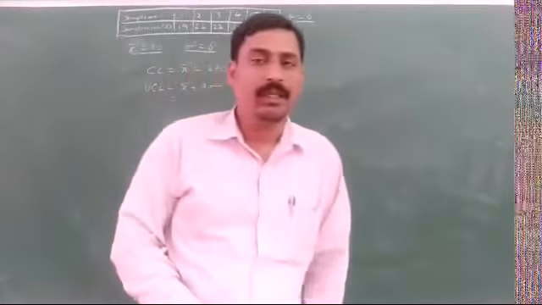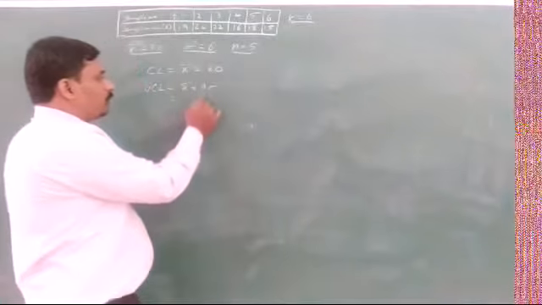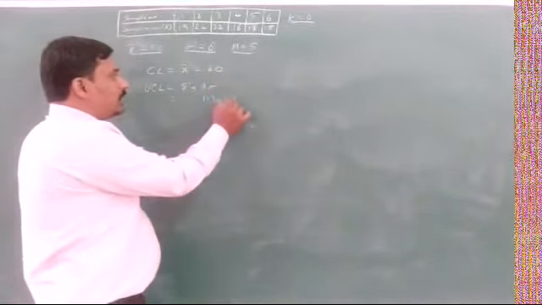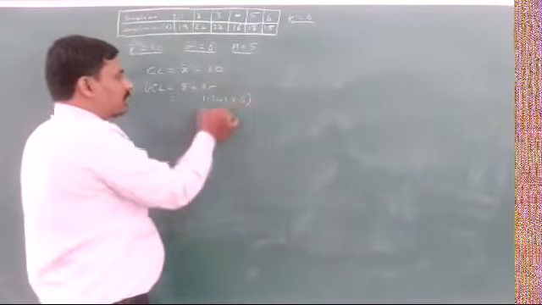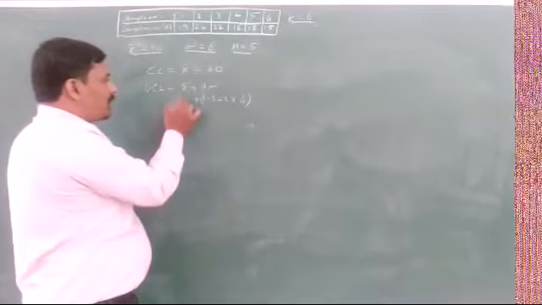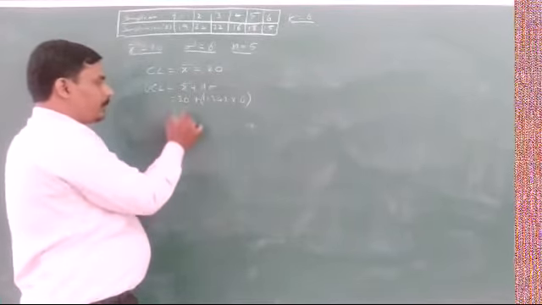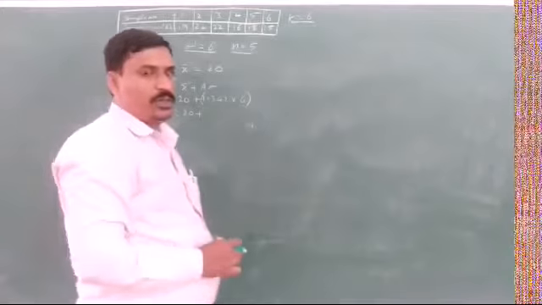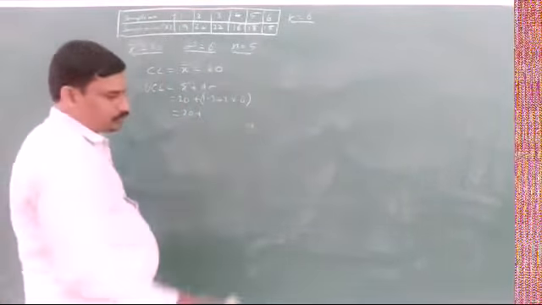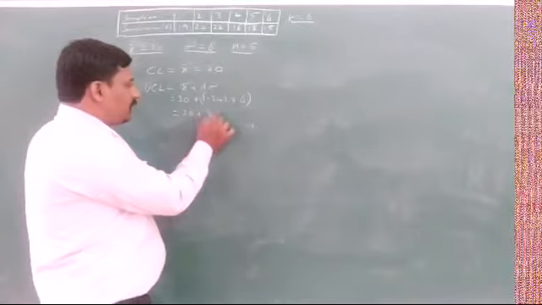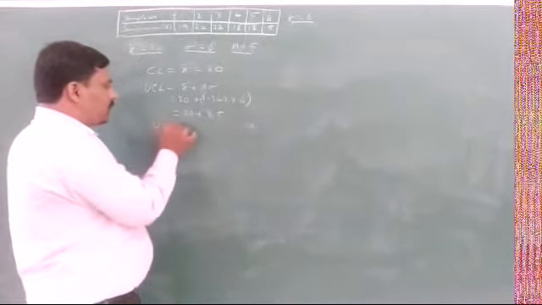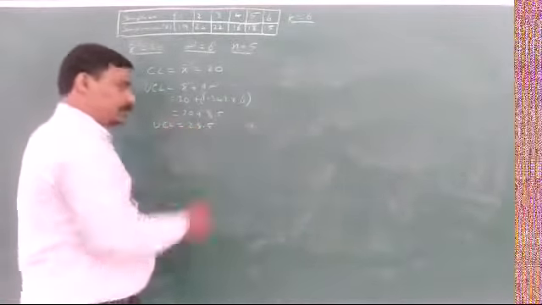So A value for sample size 5 is 1.342. 1.342 into sigma, which is 6, plus X bar, which is 20. So 20 plus 1.342 into 6. Finally we get a value of 28.5. So upper control limit is 28.5.